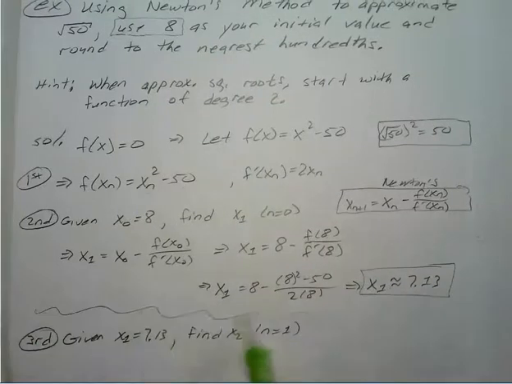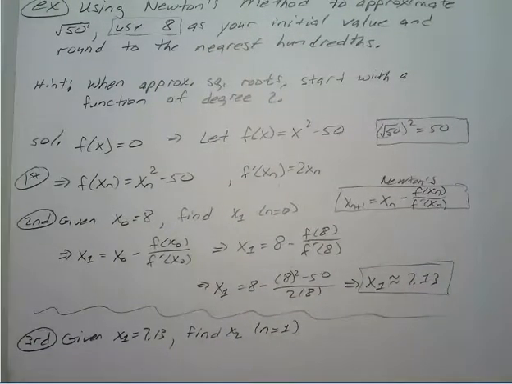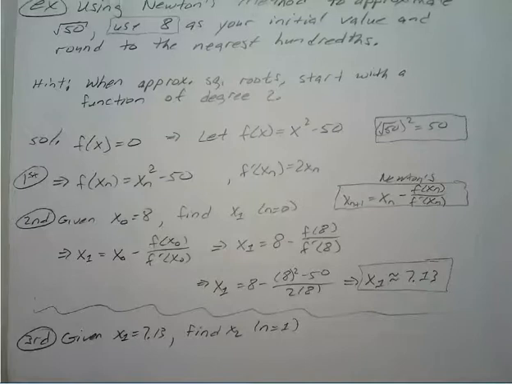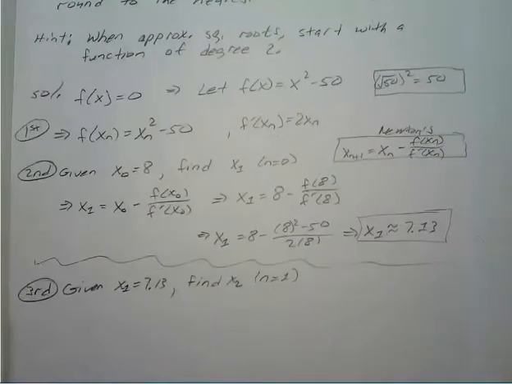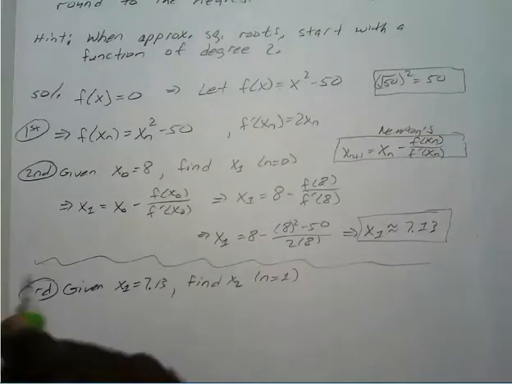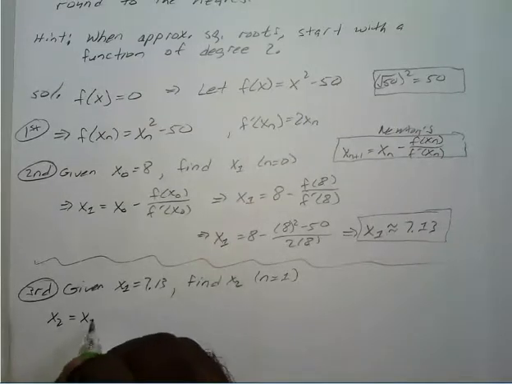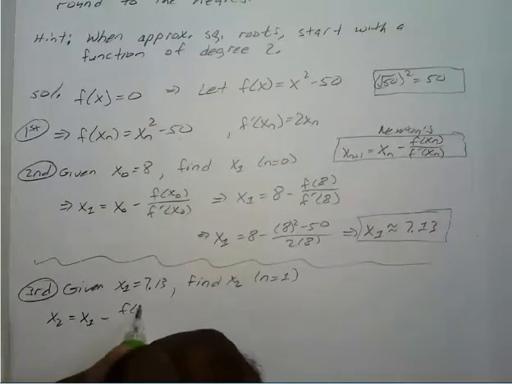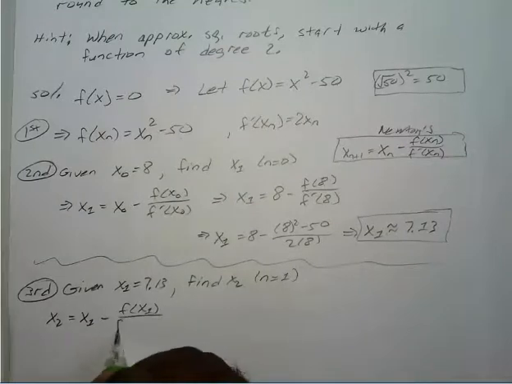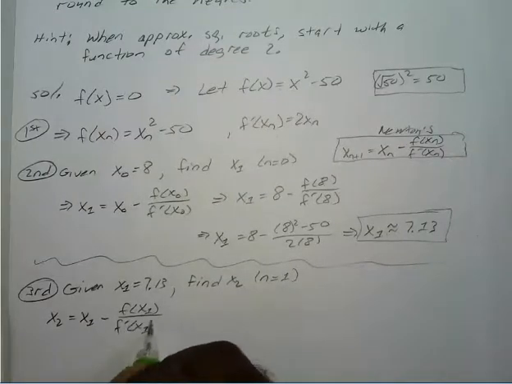All right. So now we do the exact same thing with the exact same formula. So we know that our x of 2 is equal to x sub 1 minus f of x sub 1 all over f prime of x sub 1.